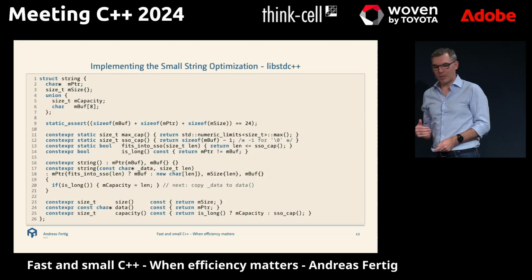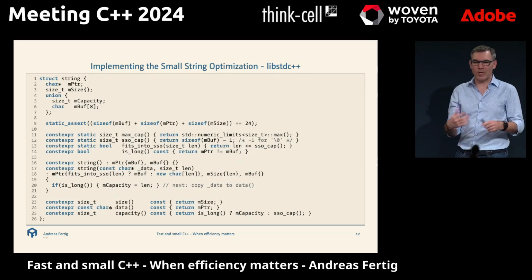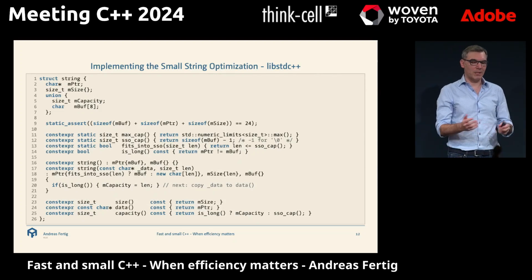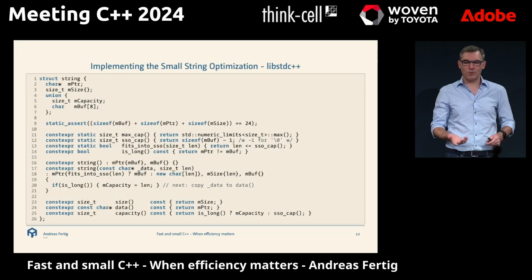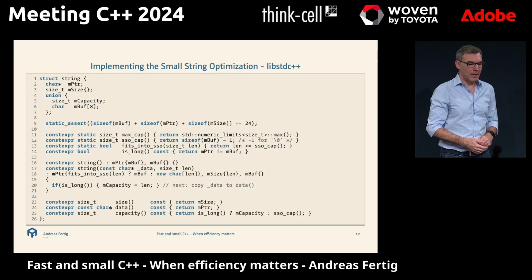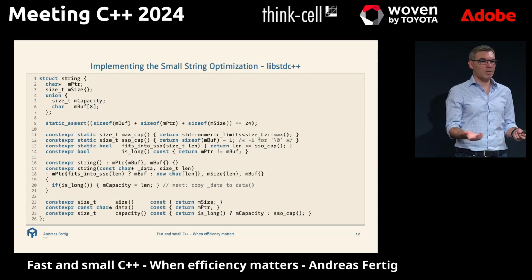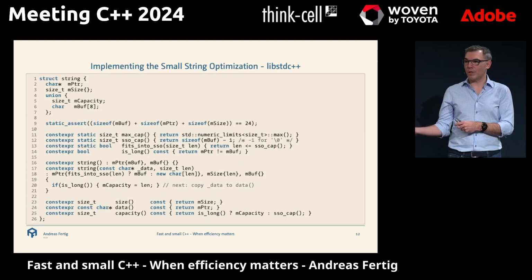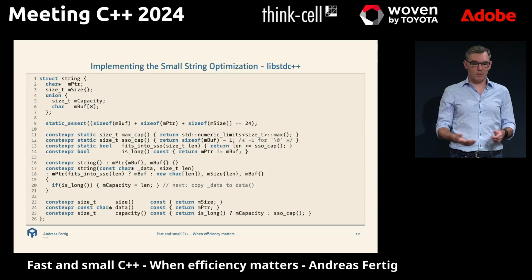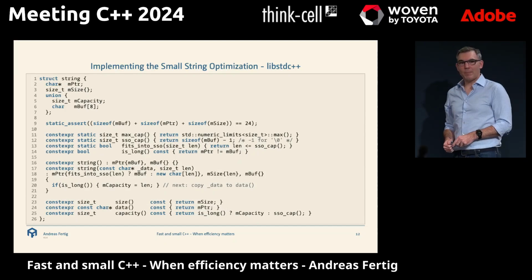And here now come a couple of helper functions that might or might not be there in reality. As I said, it's a downtrimmed implementation. We have max capacity to compare the things. The max capacity that this string implementation can store is the maximum of a size_t. We have SSO capacity.